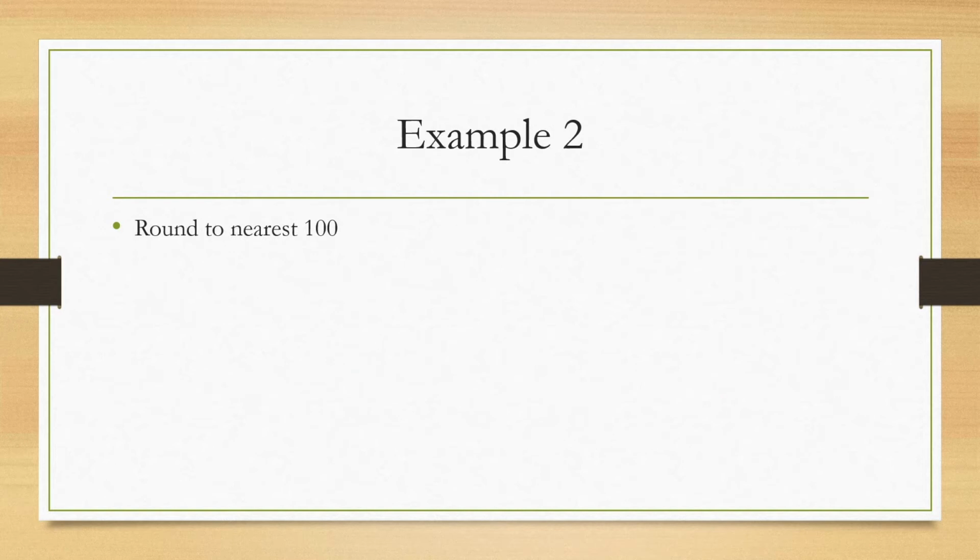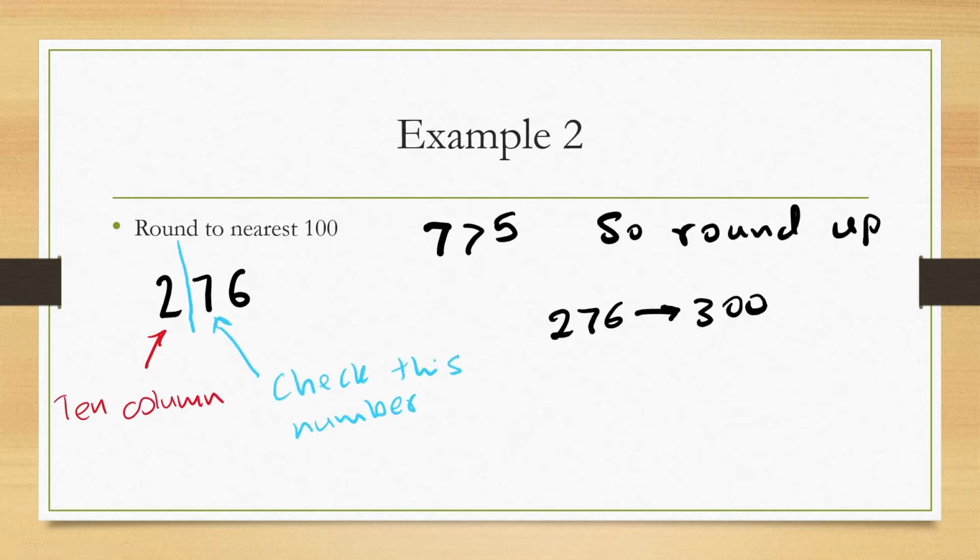And example 2, round to the nearest 100. We're going to do the same thing. 276 is the value that we're going to do it for.